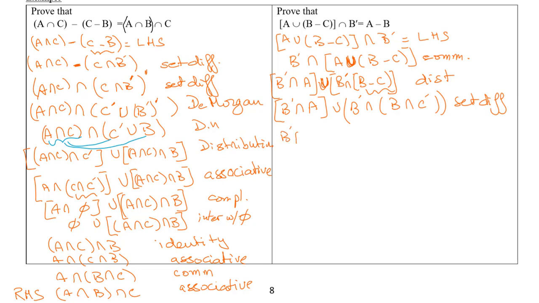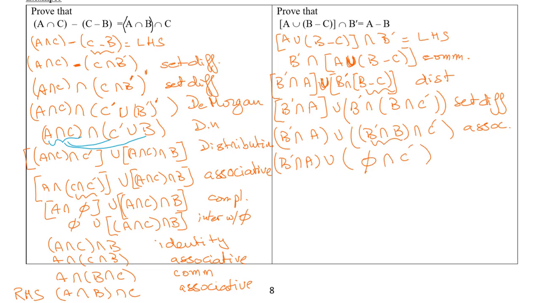And now with not B and A union, I use the associative law right here. We know that B and not B is an empty set, intersect with not C, because of complement. And now the intersection between not C and the empty set is just an empty set.